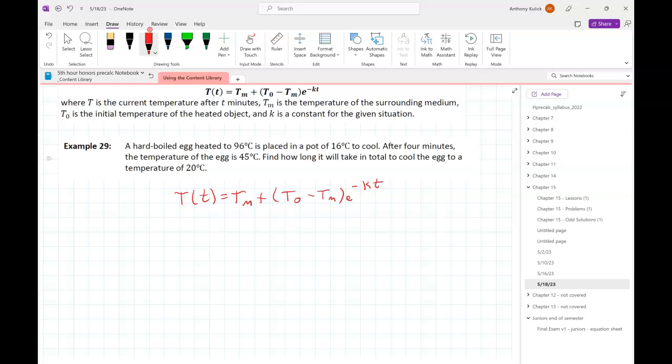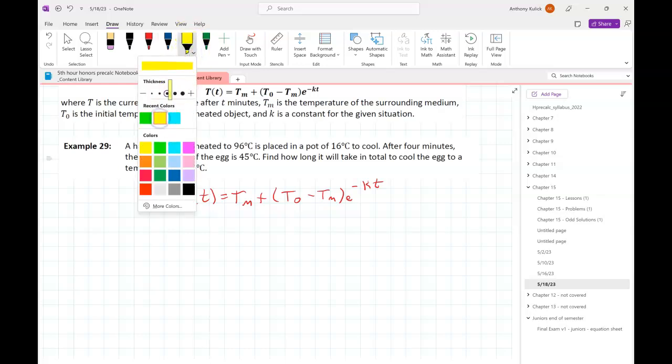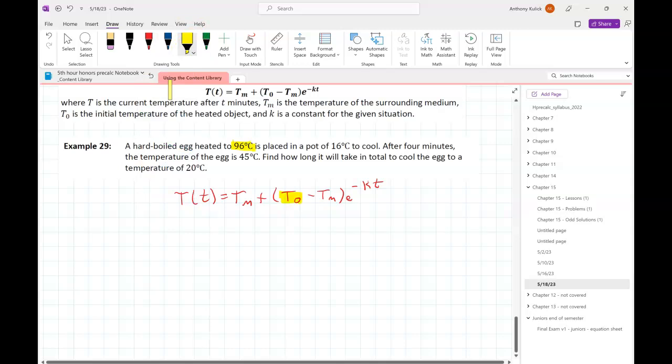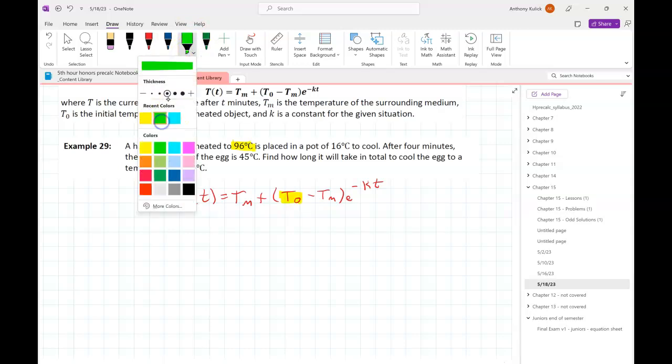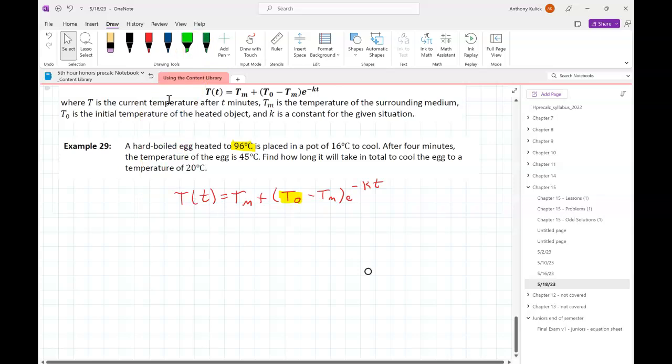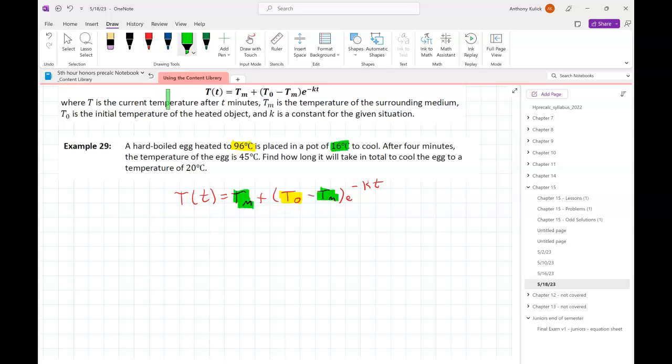Let's start picking out what information is given to us, because we're given a whole mess of stuff here. What is the 96? That's the initial temperature. Great. What is the 16? That's our Tm, the surroundings.